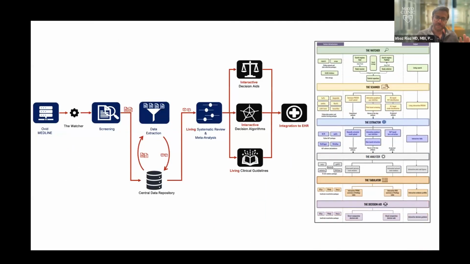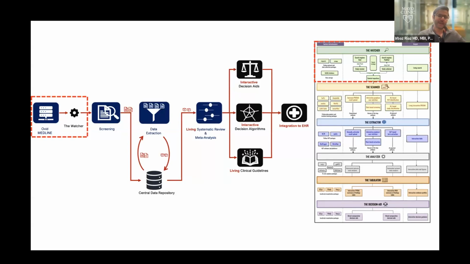So we thought about each step in the systematic review and developed an informatics infrastructure, some of which uses machine learning and AI and modern large language models to complete the process. So each step is built on a modular basis.